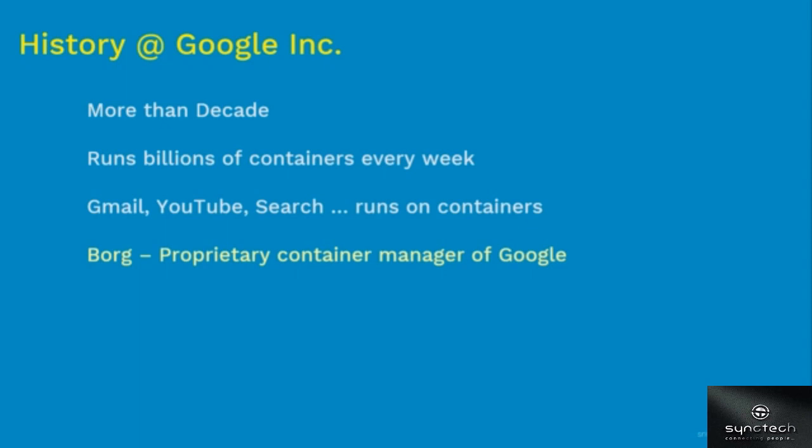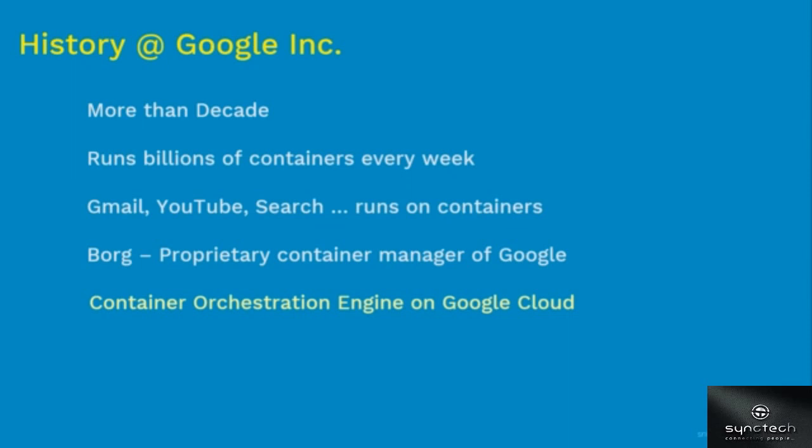Borg and Kubernetes might be similar in terms of features, but Kubernetes was designed and developed from the ground up, just like any other brand new tool. The code of Borg and Kubernetes is completely different. We can think of Kubernetes as a slimmed down version of Borg. Currently, Kubernetes is the default container orchestration engine on Google Cloud. So that's a bit about the history of Kubernetes.